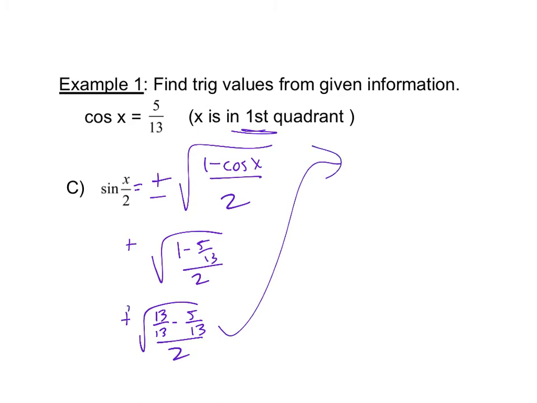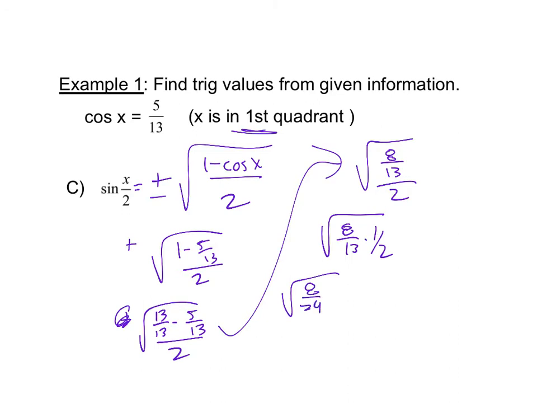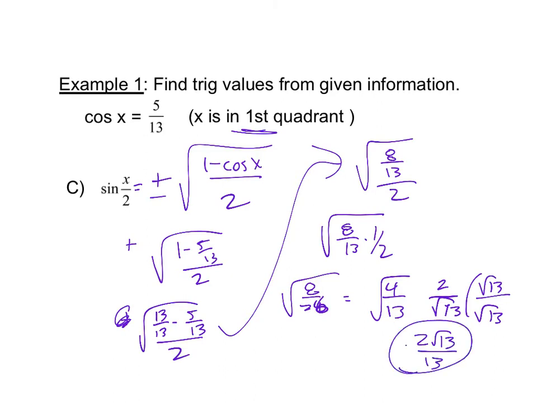I'll just assume it's positive and not mark it negative. So what you end up with is 8 over 13 all over 2. I can rewrite that as 8 over 13 times 1/2. So what I get is 8 over 26, which is going to be 4 over 13. So it becomes 2 over square root of 13, which when I rationalize it becomes 2 square root of 13 over 13, positive. So that's my answer.